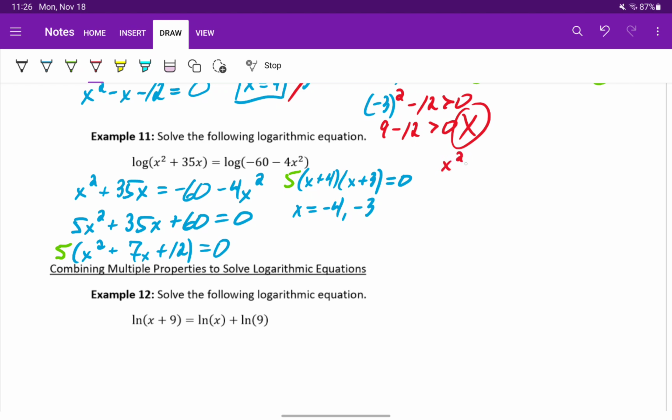We'll check that x squared plus 35x is greater than 0 when we substitute in those values. That will give us negative 4 squared plus 35 times negative 4, which will be 16 minus 140.